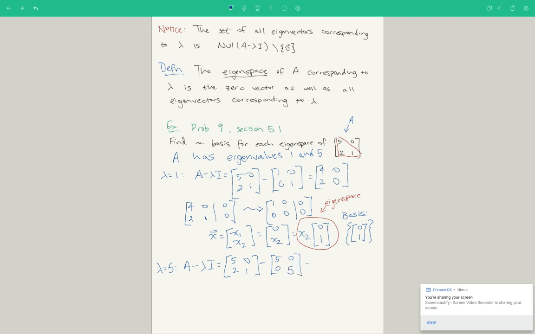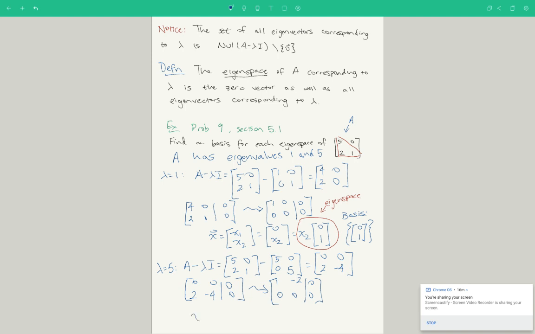And this gives us 0, 0, 2, and 1 minus 5 is negative 4. So if we want to find the eigenspace, again, the eigenspace is the null space of this matrix. So we go ahead and take this matrix and augment it with the 0 vector, and row reduce, and we end up getting 1, negative 2, 0, 0, 0, 0.